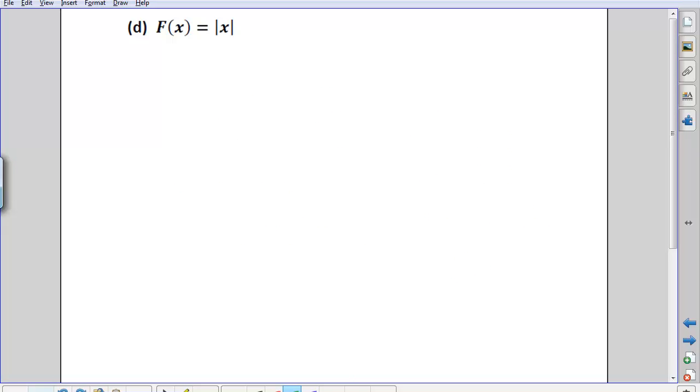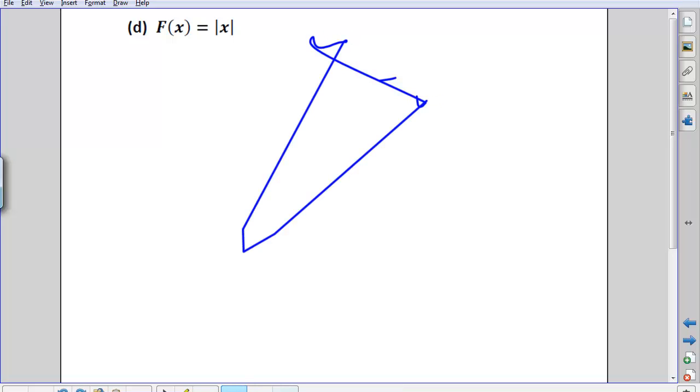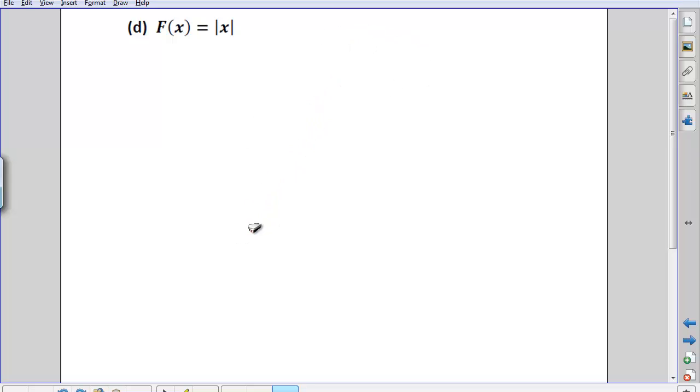Oh, I got one more here. Absolute value x. Forgot this example was here, so let's work that real quick. So plugging in, hopefully you guys kind of know the drill by now. We're going to start out by looking at f of negative x. Now if we're doing absolute value, negative or positive, isn't that going to be the same as the absolute value of x?